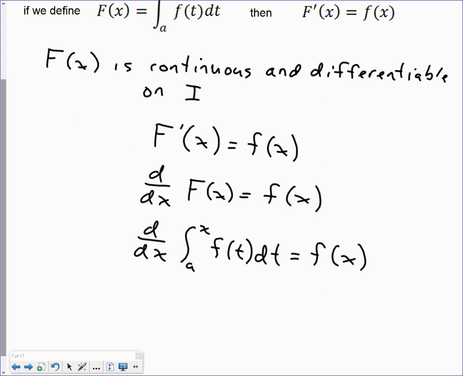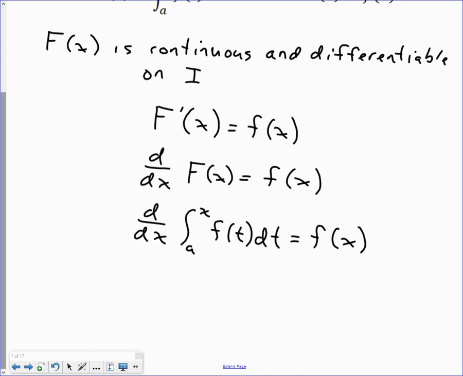The differentiation and integration are actually inverse operations. Now, you may have suspected this, but there's no reason why that should be the case. I mean, differentiation came about because we wanted to find the slope of tangents. Integration came about because we wanted to find the areas under the curve.